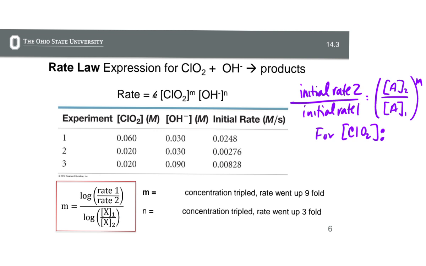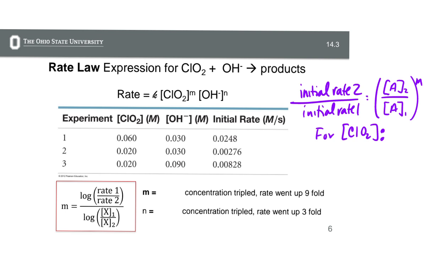There's another equation that I think is better. I posted a link in Carmen to an online textbook that explains it well. So I think we should finish up this problem, figuring out m and n using this method.